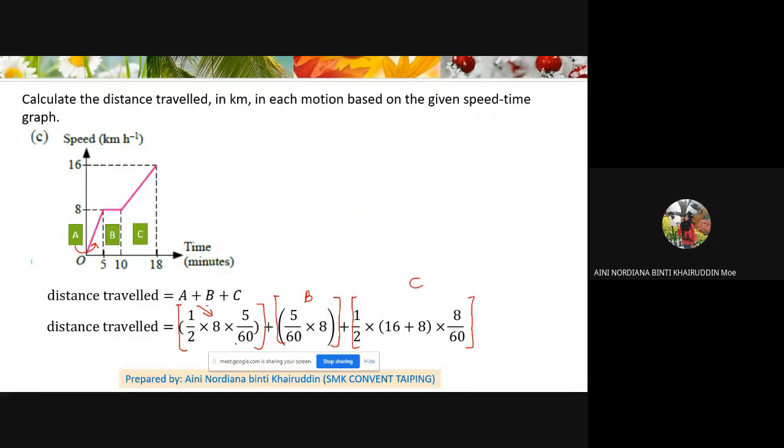Yang masa tu mesti tukar kepada jam. Divide by 60. Why? Sebab dekat sini kilometer per hour. So unit mesti sama. Sini unit minit. So kena tukar kepada jam. Divide by 60. Then the answer 2.6 kilometer. Ada soalan tanya tau.